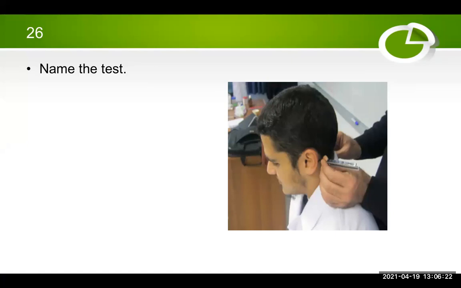I'm not sure whether you have gone through this or not, but I'm sure you have because you have already done ENT. So why is Rinne test done? Can anybody tell me? To check the air conduction and bone conduction. Otitis media. Good. Any other explanation?